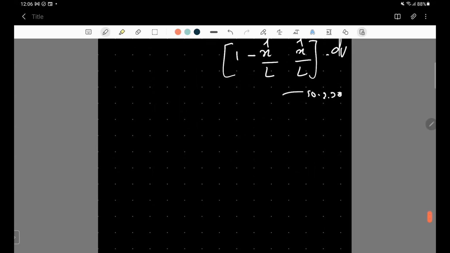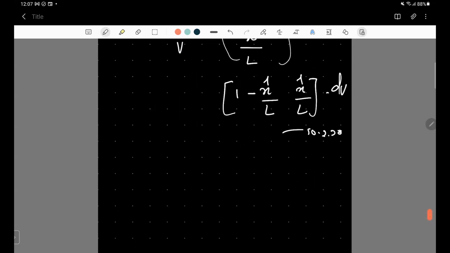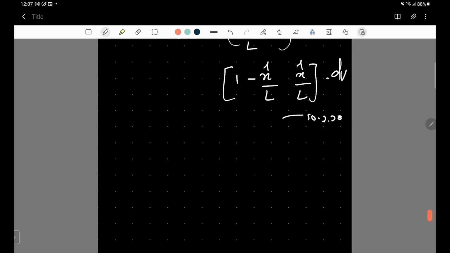By simplifying, we obtain equation 10.2.20. By simplifying this equation, we can obtain the consistent mass matrix, where the mass density is constant and the cross-sectional area is constant.